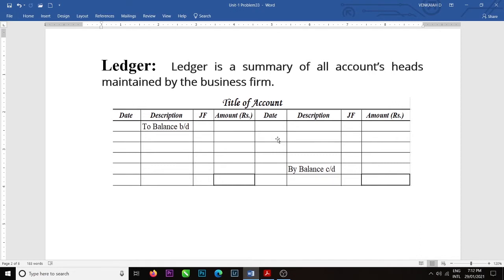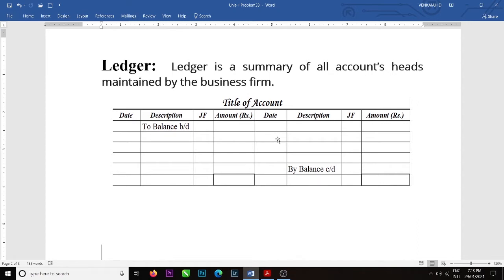All the entries related to a particular account are posted into, or summarized into, one particular account called a ledger. So a ledger has date, description, journal folio number, and debit amount. In a similar manner, the credit side also has date, description, journal folio, and credit amount. From problem number 28 to 32, I think we prepared ledger accounts. We balanced those ledger accounts.